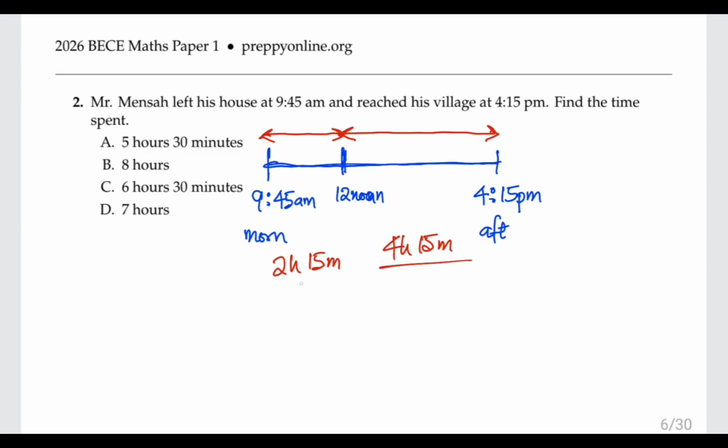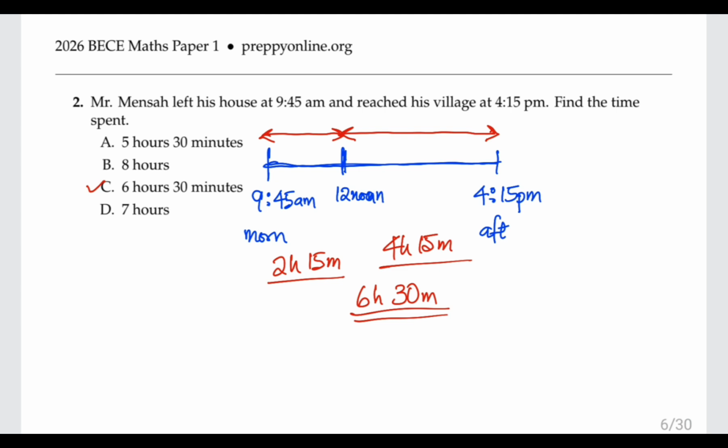So if we add this time to that time, that's going to give us our total time. And to do that, we can add the hours. 2 hours plus 4 hours is 6 hours, and then 15 minutes plus 15 minutes is 30 minutes. So the total time is 6 hours and 30 minutes, as we have here.